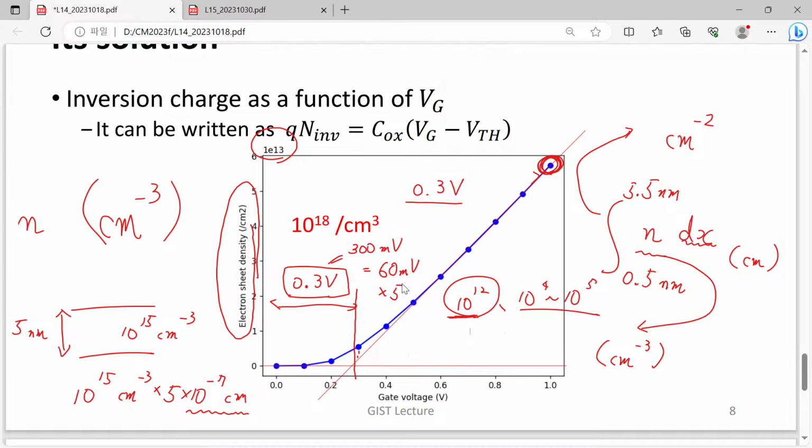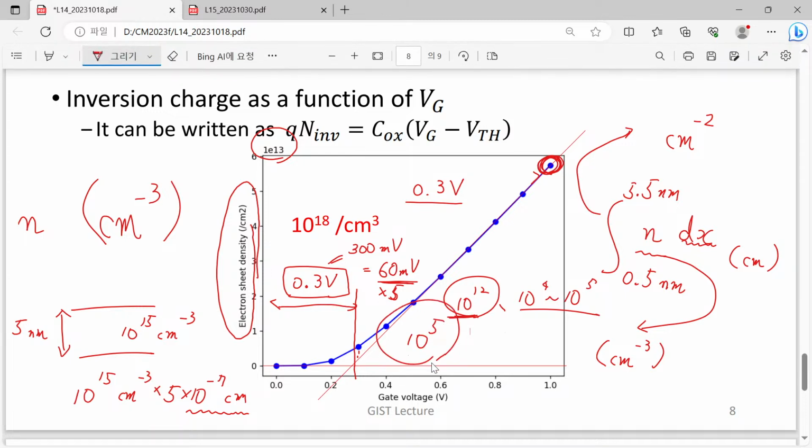So as a rule of thumb, in order to increase your electron sheet density by a factor of 10, you need 60 millivolt. So it means that 0.3 volt is sufficient to increase your electron density by 5 orders of magnitude.